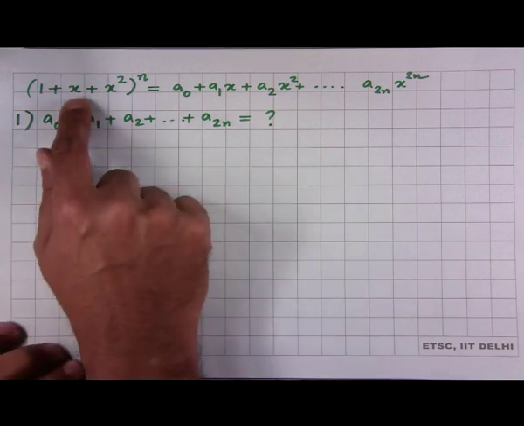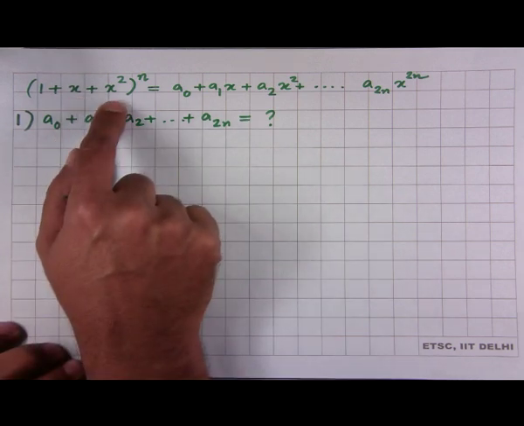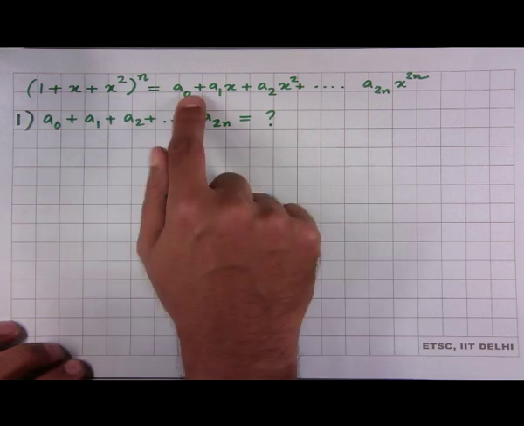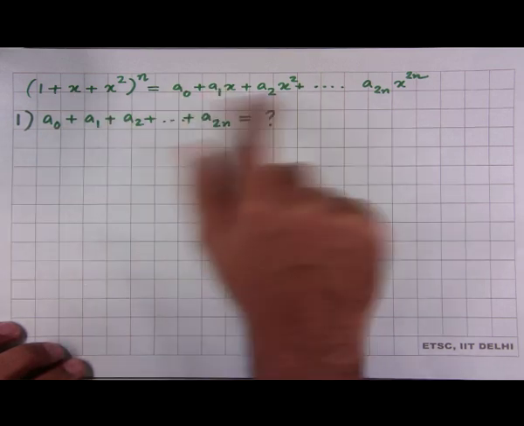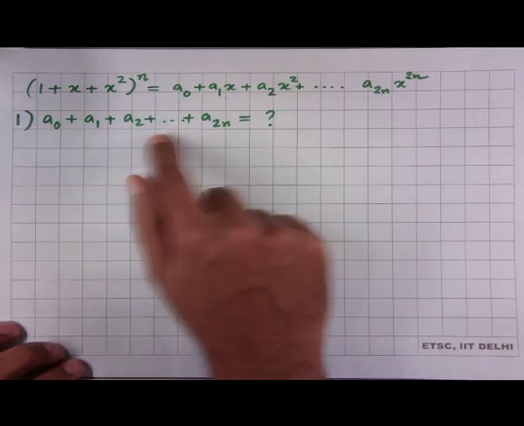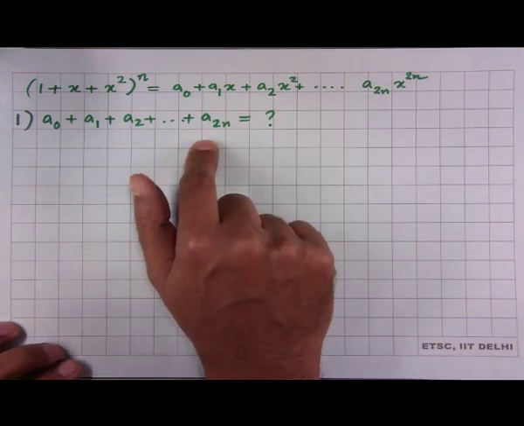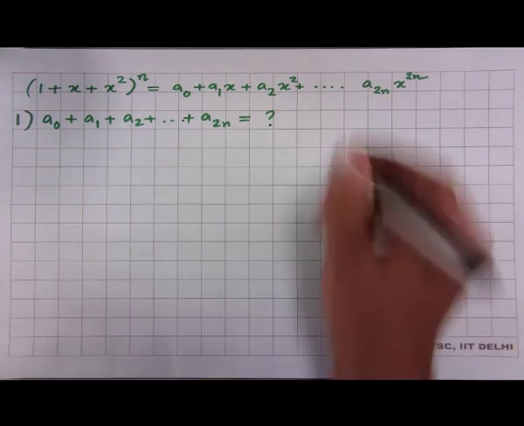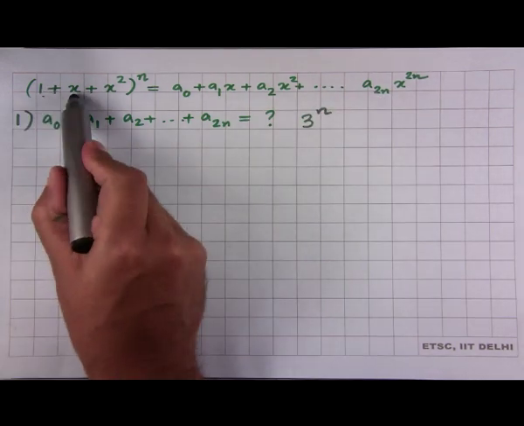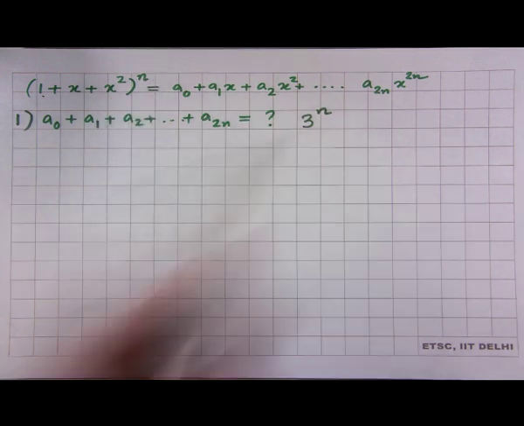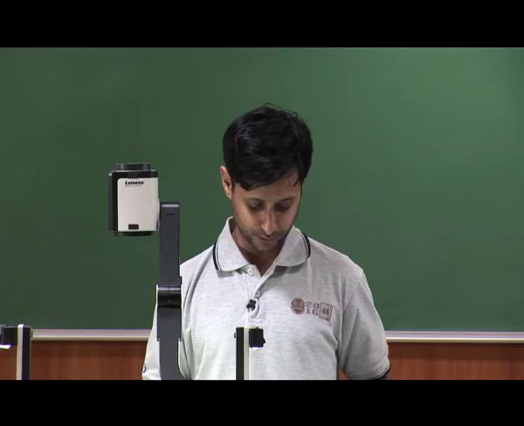So, what will you do? Just plug in x equal to 1. If you plug in x equal to 1, a naught plus a 1 plus a 2 all the way till a 2n. So, what is the answer? 1 plus 1 plus 1, 3 whole power n. Okay. So, that is a very straightforward question.